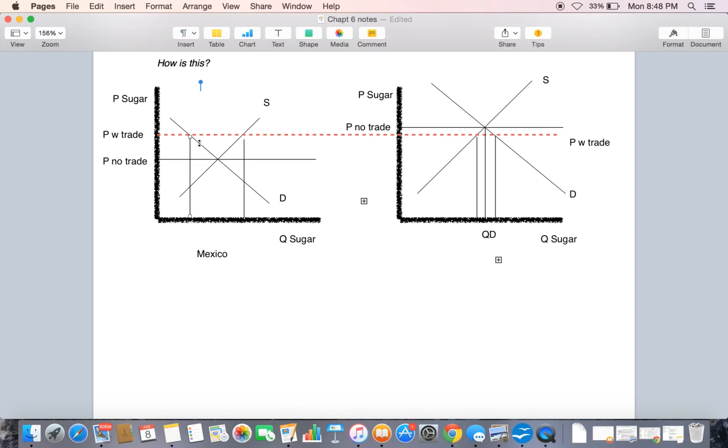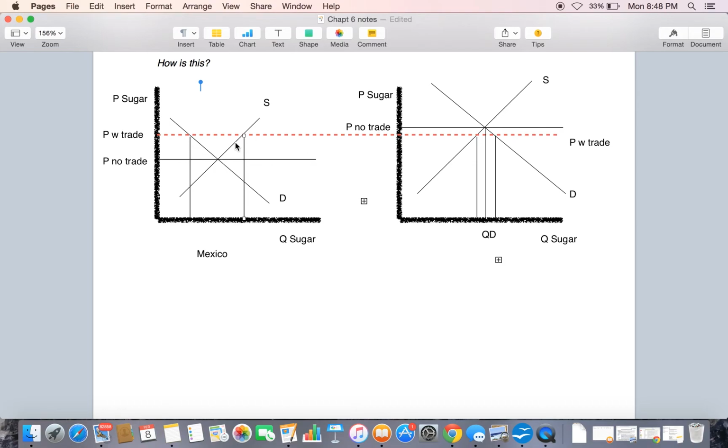You can see here the demand in Mexico is changing, and the supply in Mexico is changing. So the difference being the amount supplied versus the amount demanded.